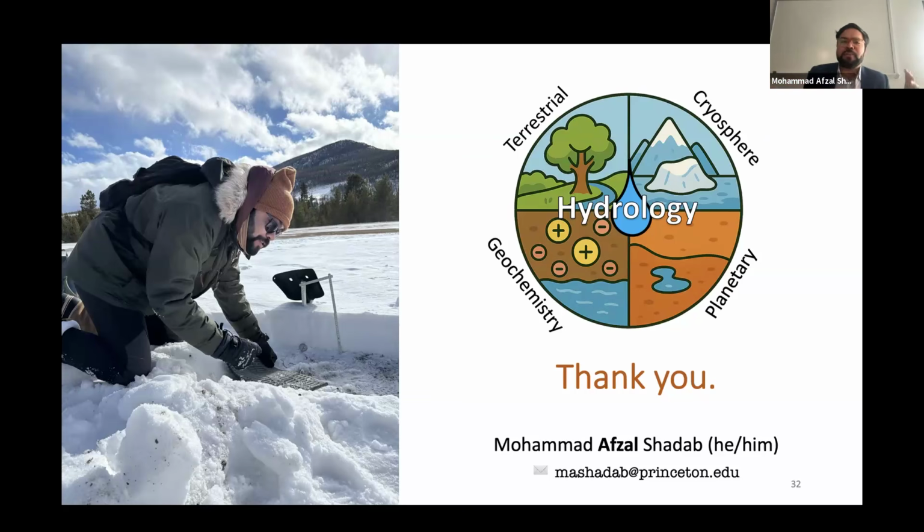The idea is not to use a multidimensional model. The idea is to understand what we can take from this multidimensional model and how we can simplify that and use it in our bigger Earth system models, because they probably don't care about a lot of things that I talked about today.